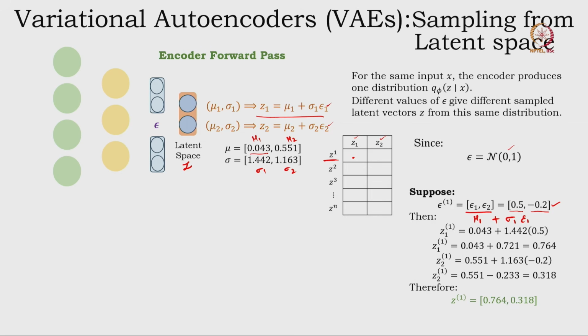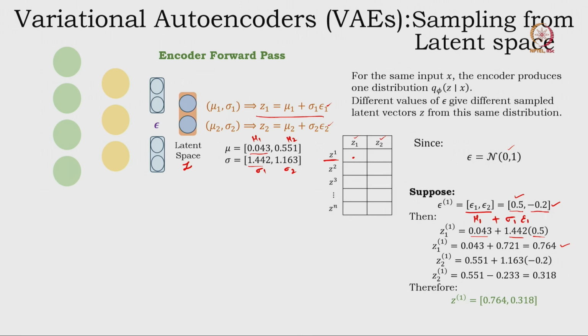From this, substitute: it is 0.043, this is 1.442, and here this is 0.5. Do a simple calculation, you are getting 0.764. If there are any calculation typos, you can rectify them because you are also calculating along with me here.